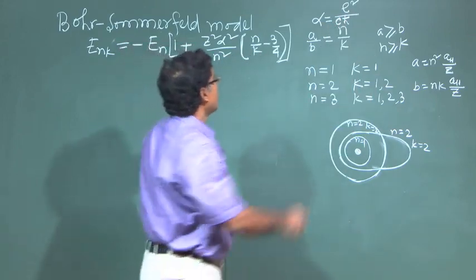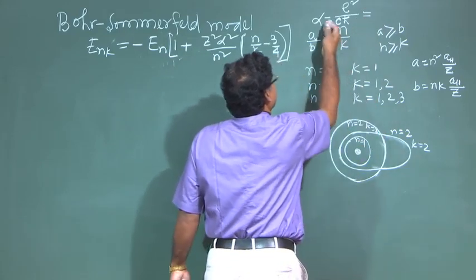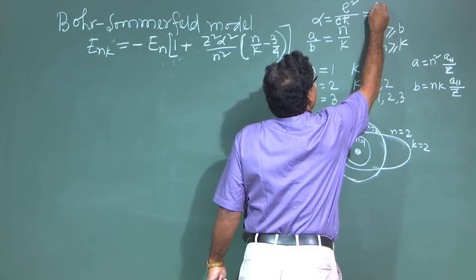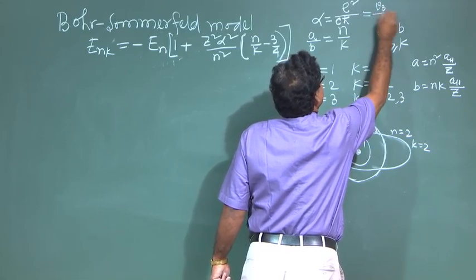So, if you put in the values, one can also write it as v_B by c.